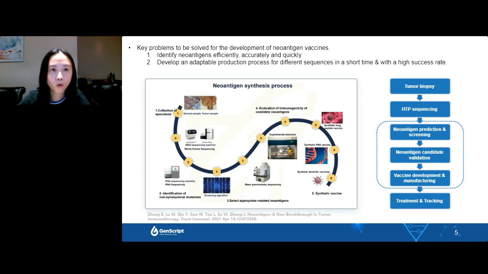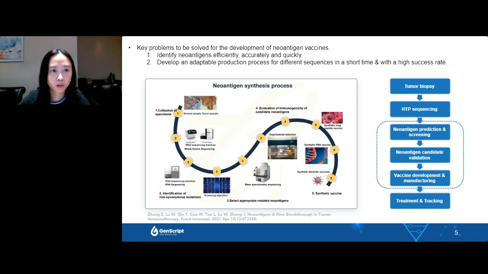So during this whole process, there are 2 key problems that need to be solved. One is to identify the new antigens efficiently, accurately, and quickly, because the new antigen is the target, right? And it's very important to make sure it's the right one we want.